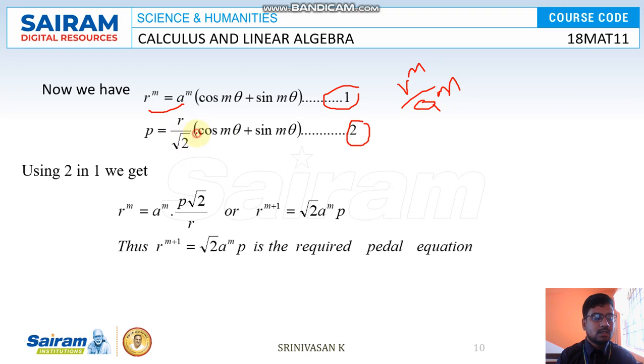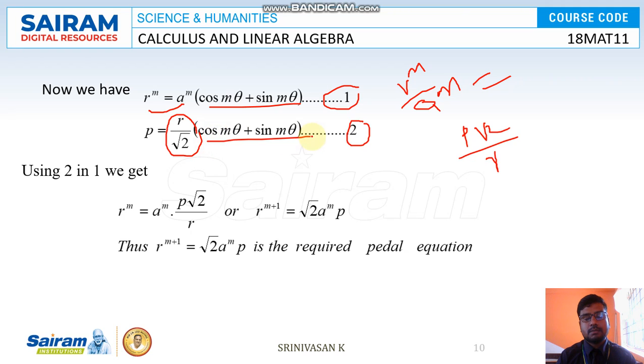And for the second, taking the opposite direction, we get p into root 2 divided by r, because the right-hand side, cos m theta plus sin m theta, is equal in both. So using 2 in 1, we will get r power m equal to a power m p root 2 divided by r.